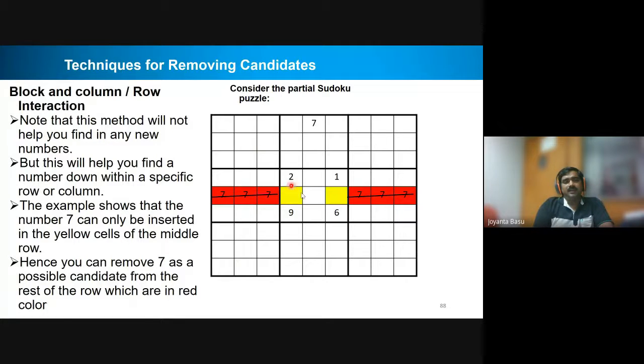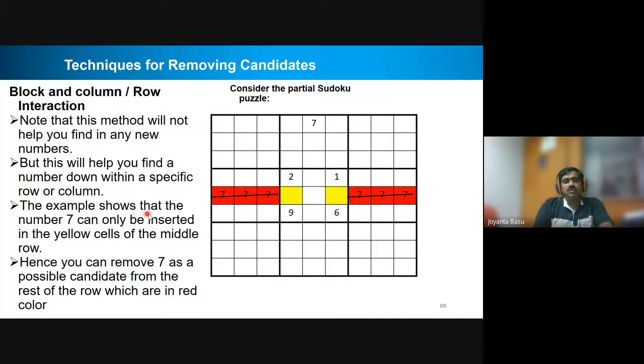Similarly, this technique is removing candidates. If 7 is here, then 7 is not here. Please note that this method will not help you find any new numbers, but it will help you find the number within the specific row and column.